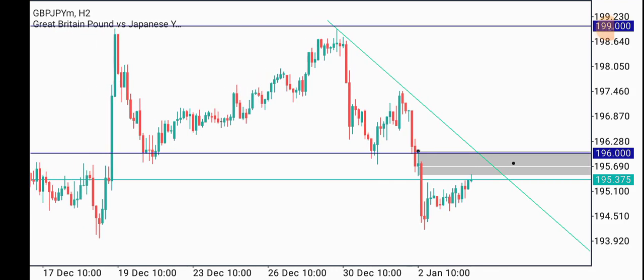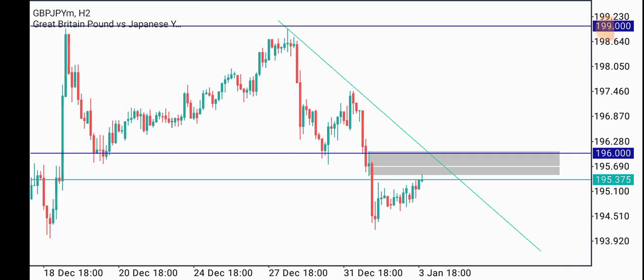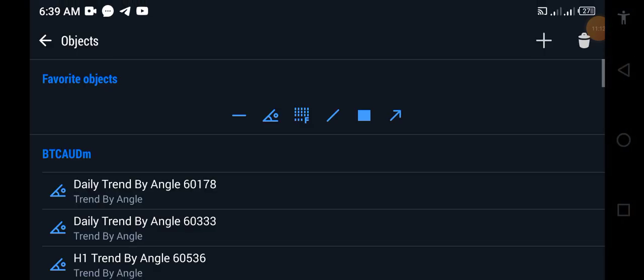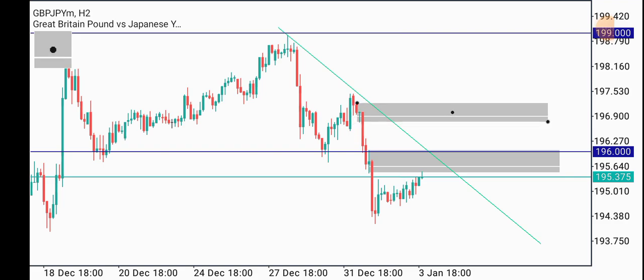So this also corresponds with our analysis. If price does not hold here, we still have another supply at this one. So these are the two levels I'm looking to take a sell from. If price does not hold there, it will definitely come here.